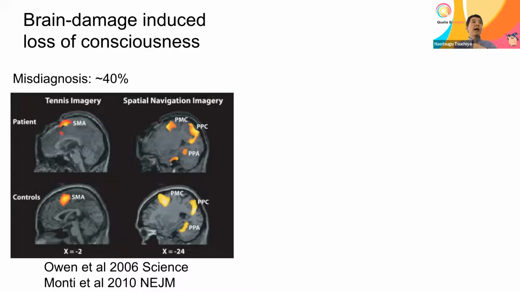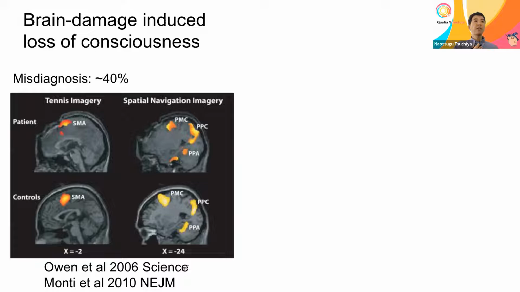But potentially, misdiagnosis can be up to 40%. This particular person's case was initially diagnosed as a vegetative state, but the patient's family, doctors and nurses suspected that this person may be able to do something that no other vegetative patients can do.